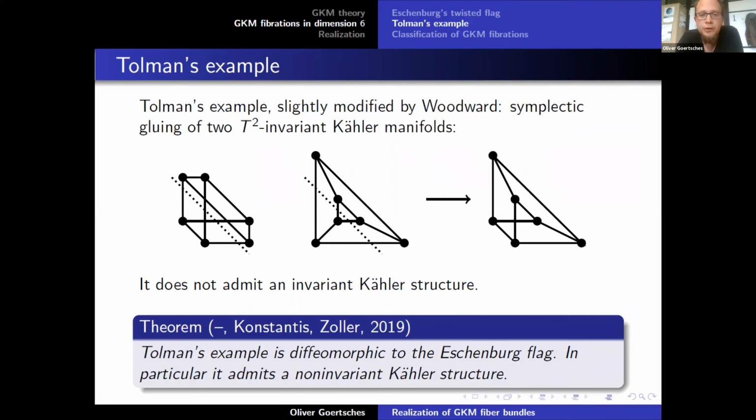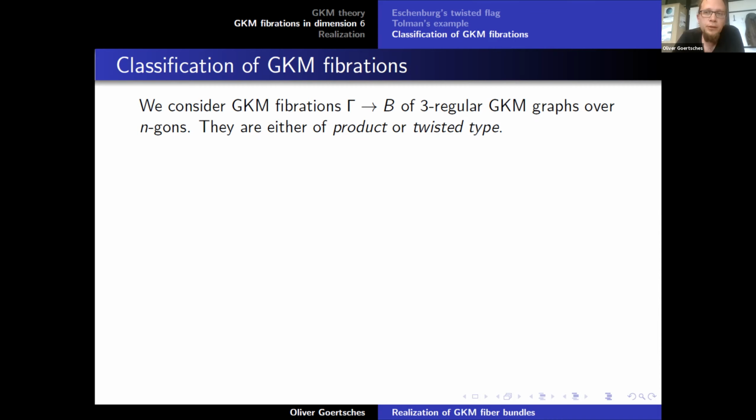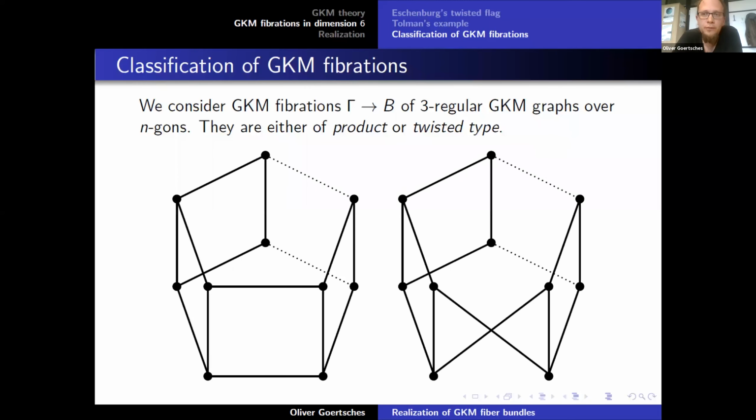First thing one observes is that when you neglect the labeling, so you just look at the naked graphs, then there's not much choice for these graphs. You have only 2 possibilities. Picture these graphs as fibering over an n-gon. I didn't draw the n-gon, but you see it here. Then there's not so much choice if you want the graph to be 3-regular.